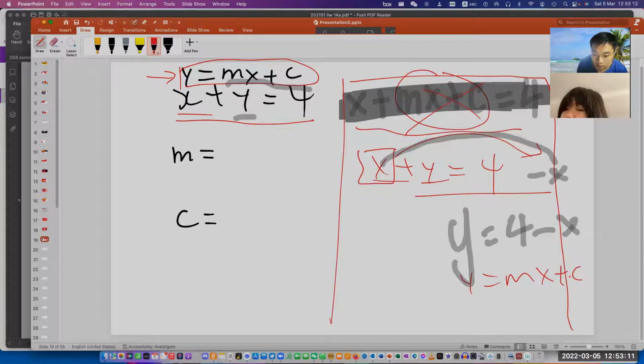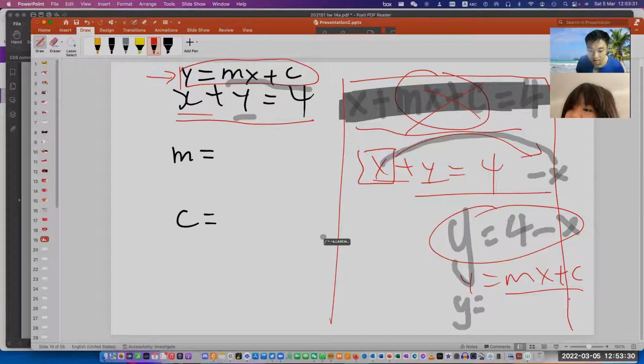So what's your answer? Y equals to mx plus c, and then y also equals to 4 minus x means. You need to convert it further, because it's still not the mx plus c format yet.